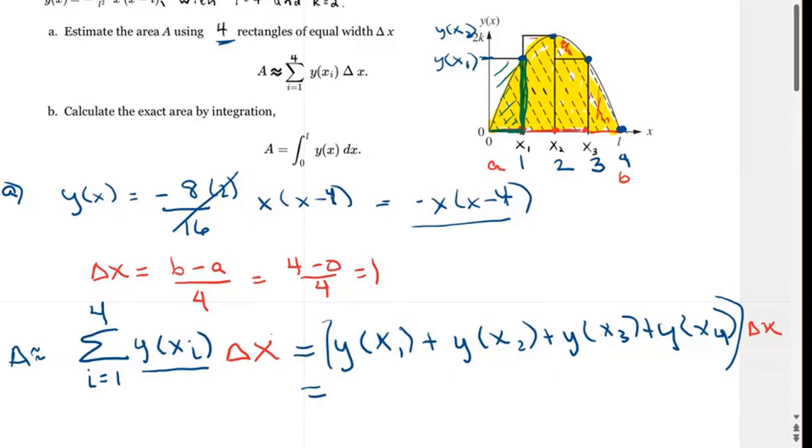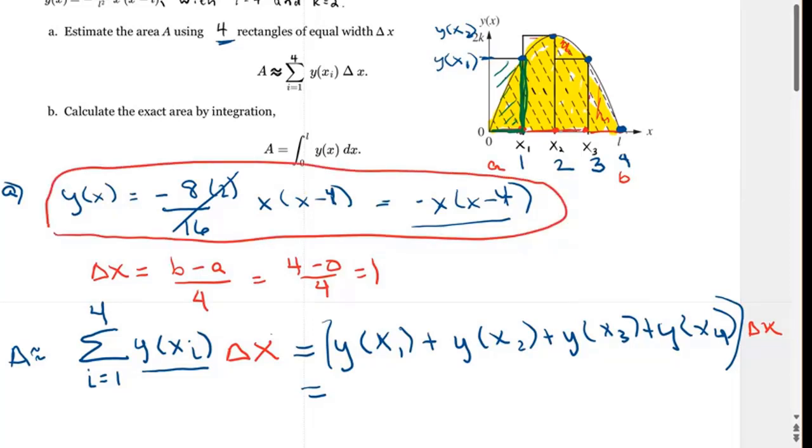y of x1, well, we know our equation for y. It's right here. If I want to know what y of x1 is, I just plug 1 into this equation.